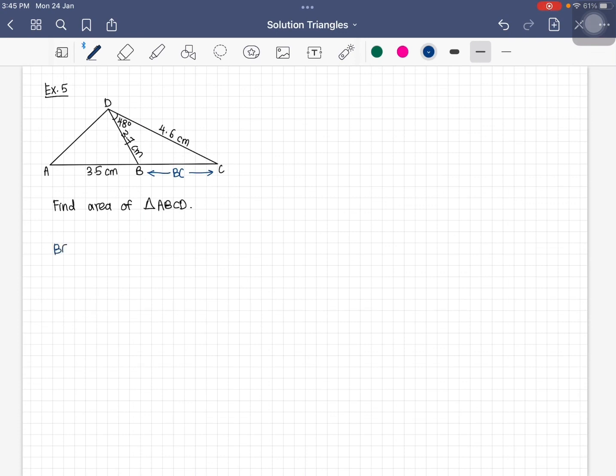So we have BC squared, which is given by 3.7 squared plus 4.6 squared, minus 2 times 3.7 times 4.6 times cos of 48. Simplifying this, let me just calculate first.